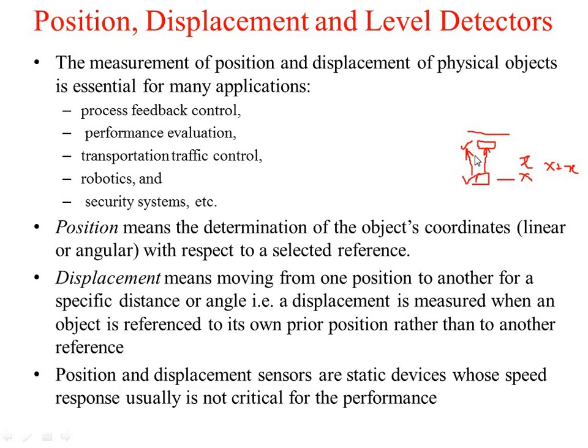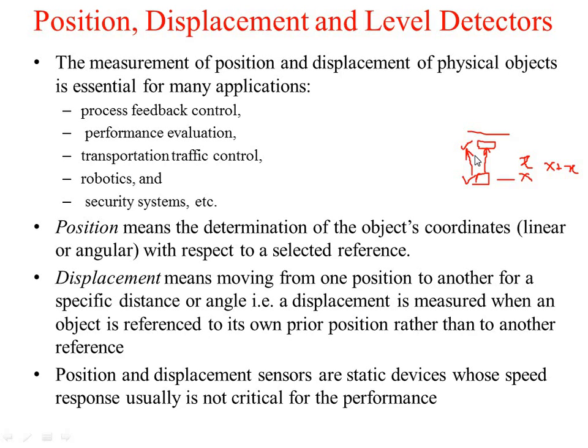Okay. Then the position and displacement sensors are static devices whose speed response is usually not critical for the performance. Actually there are two types of devices, static as well as dynamic, but here we'll be restricting ourselves to the study of static type devices.